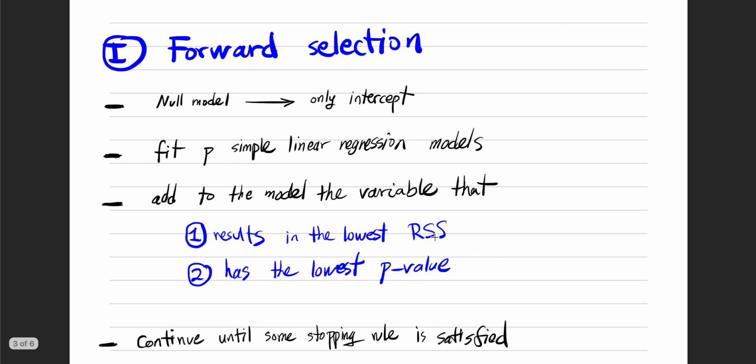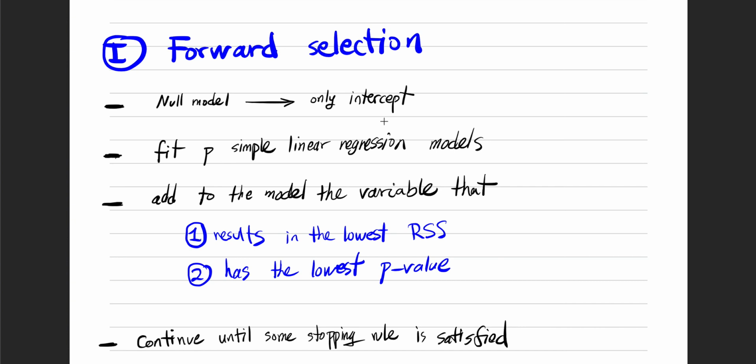One of the first approaches is the forward selection approach. It starts with the null model, which is a model that has only an intercept. So it's a constant model, no predictor, only intercept.